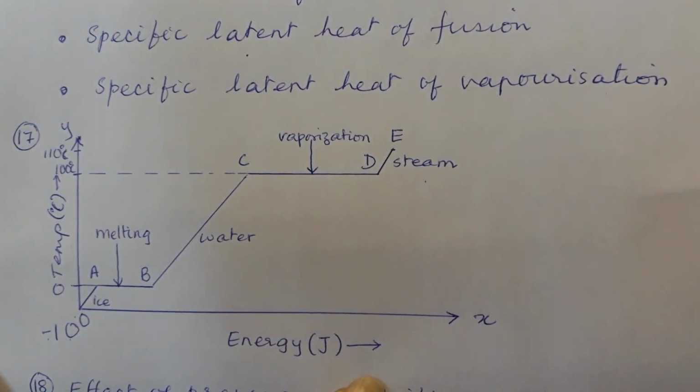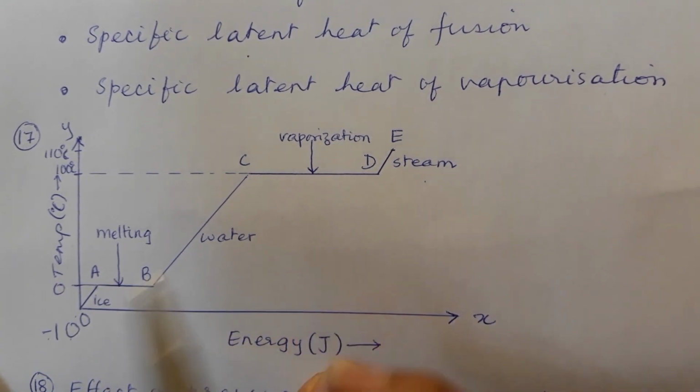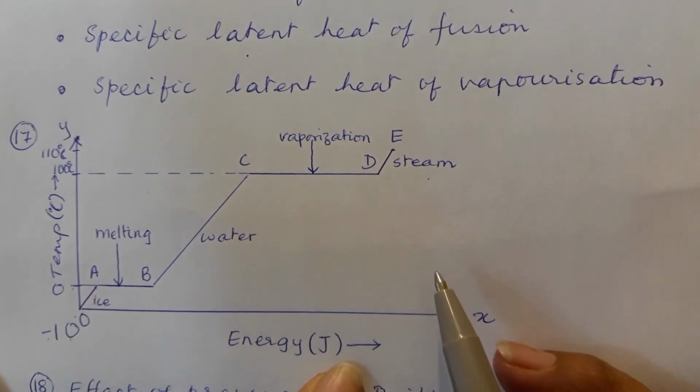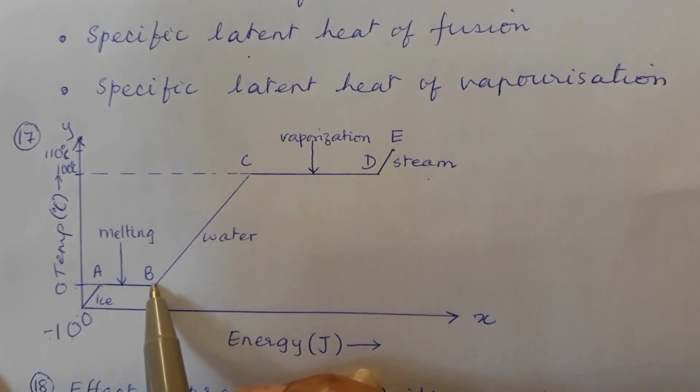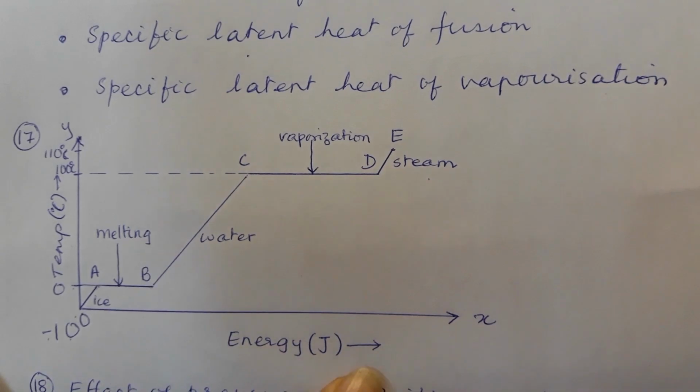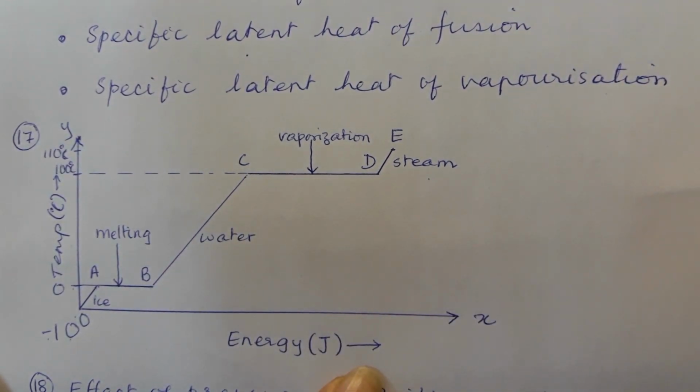110 degrees C. And so you will see that for the given mass of ice at minus 10, when we supply heat, it will show the rise in temperature, and then at point A is where the ice will start melting, and that starts at 0 degrees C. And at 0 degrees C, the melting begins, and at B, melting finishes. So AB represents melting, and BC represents the rise in the temperature of water, because now it has formed water here.